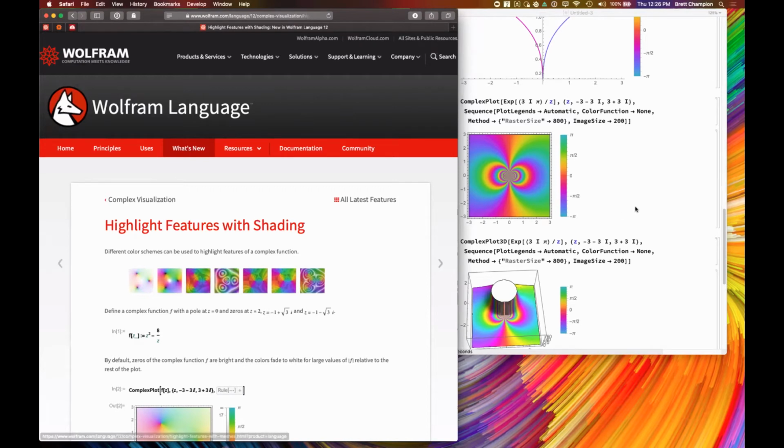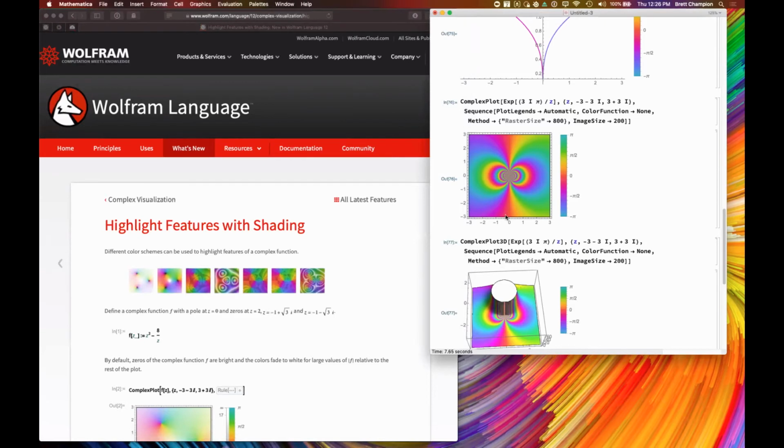You may have noticed that for this complex plot over here, it has color function set to none, which in this case means don't do the absolute value shading. Just show me the colors. And in general, complex plots color function has the ability to take a list of two things: a color and a height shading specification.